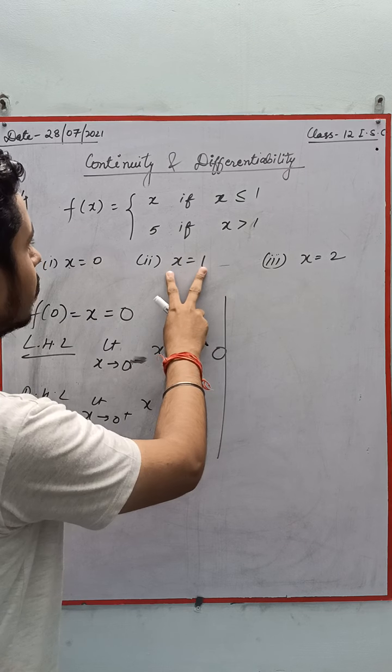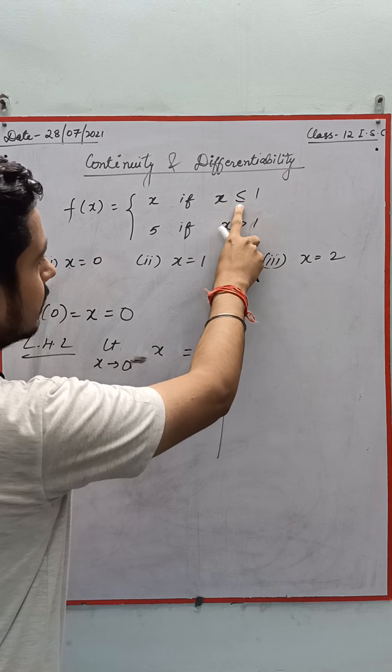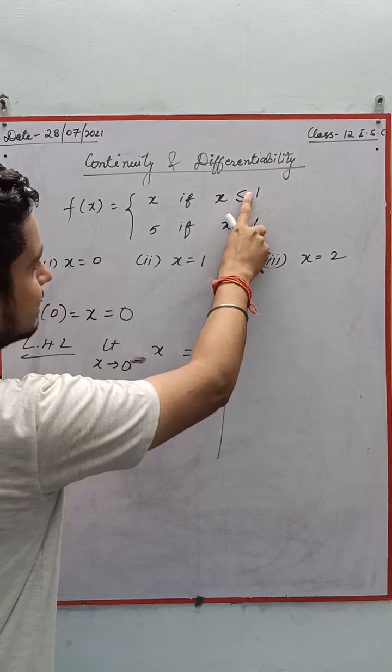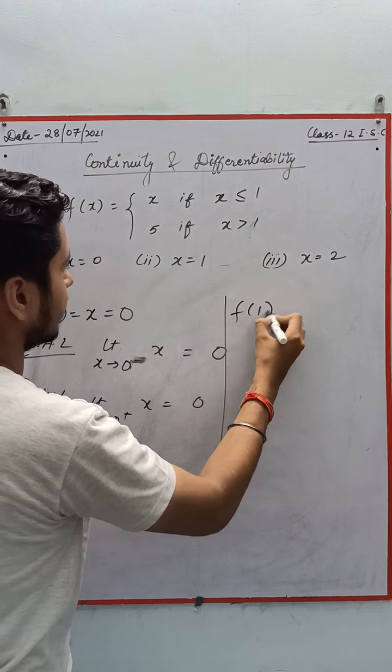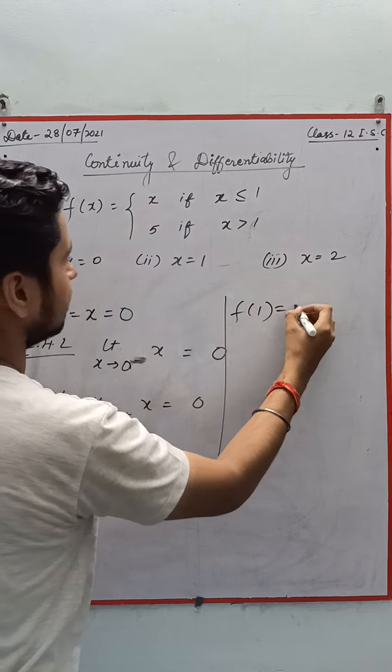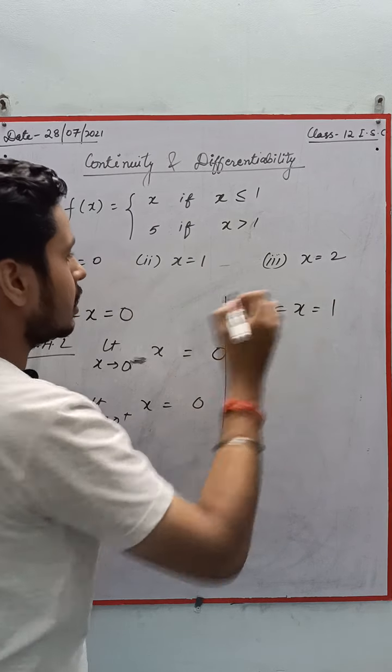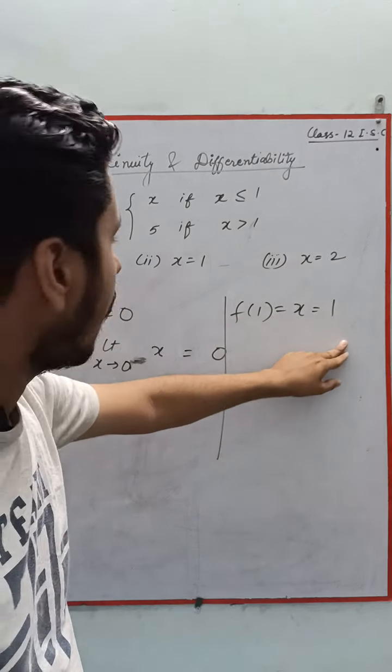For x is equal to 1, this is the case because x is less than or equal to 1, so definitely this will be the case. So f(1) will be our answer, we got x, but x is equal to 1, so f(1) is equal to 1.